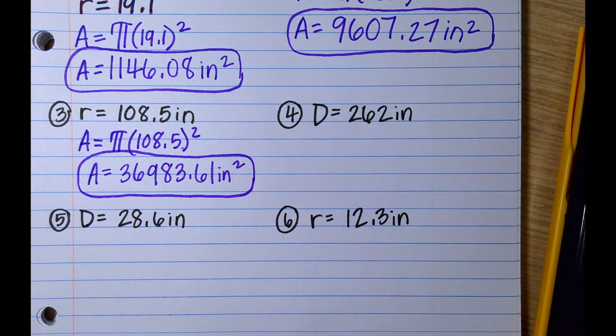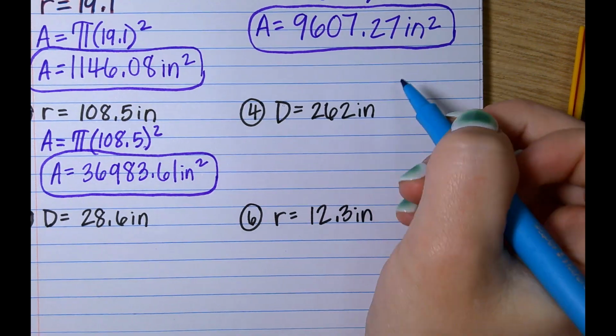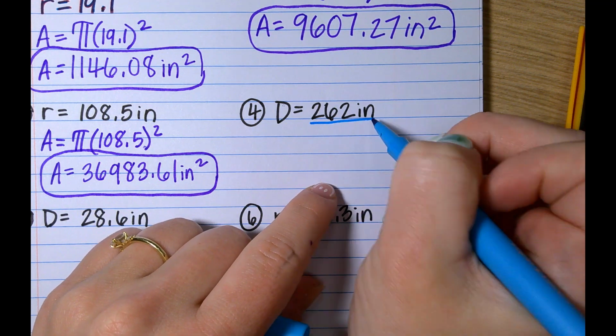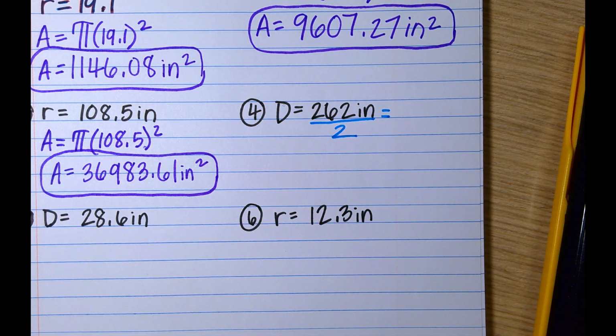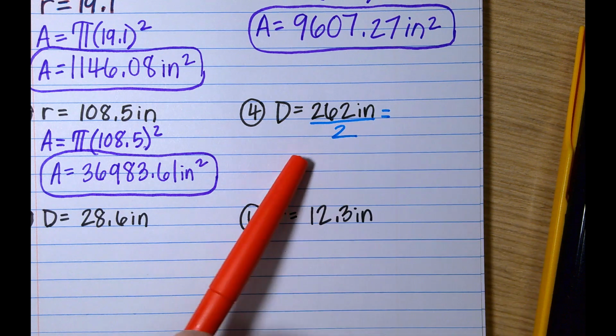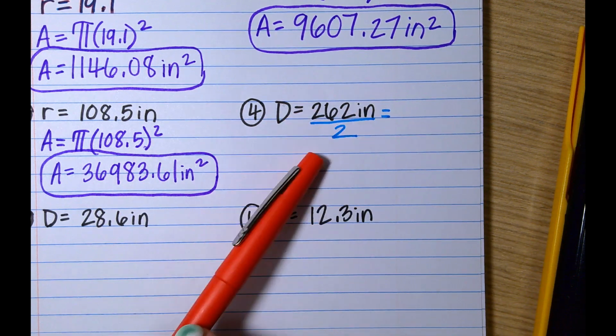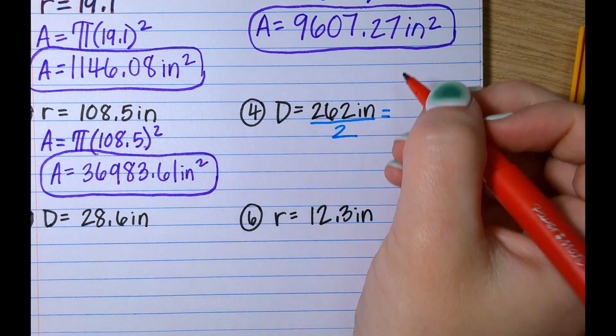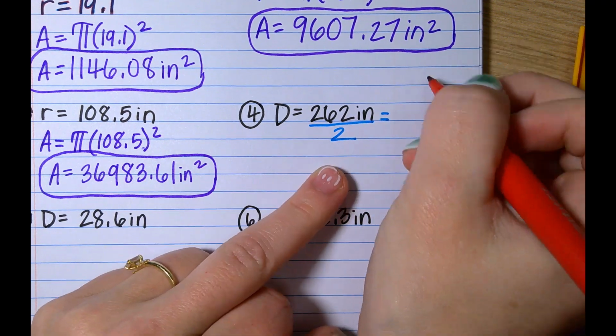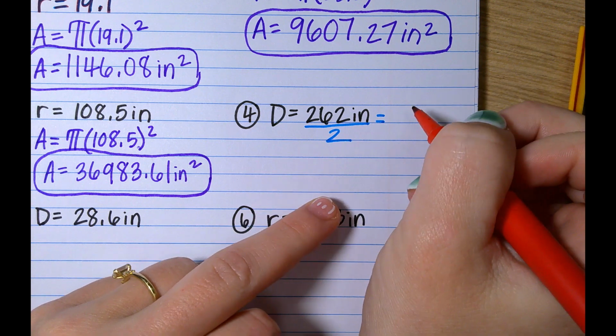Rhonda? 262 inches divided by 2. Yes, we need to start by dividing by 2. Now, can you tell me, Rhonda, why are we dividing by 2 instead of putting it in the formula? Because we already have the diameter. Yes, we're given a diameter. We need to find the radius. Then we can solve. Okay, so 262 divided by 2, what does that give us?